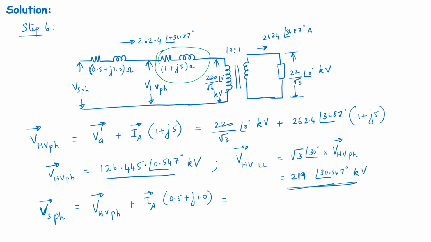And when we convert it, I think I made a mistake. Let me quickly redo the calculation. 126.445 kV at an angle of 0.547 plus 262.4 at an angle of 36.87 into 0.5 plus 1j.